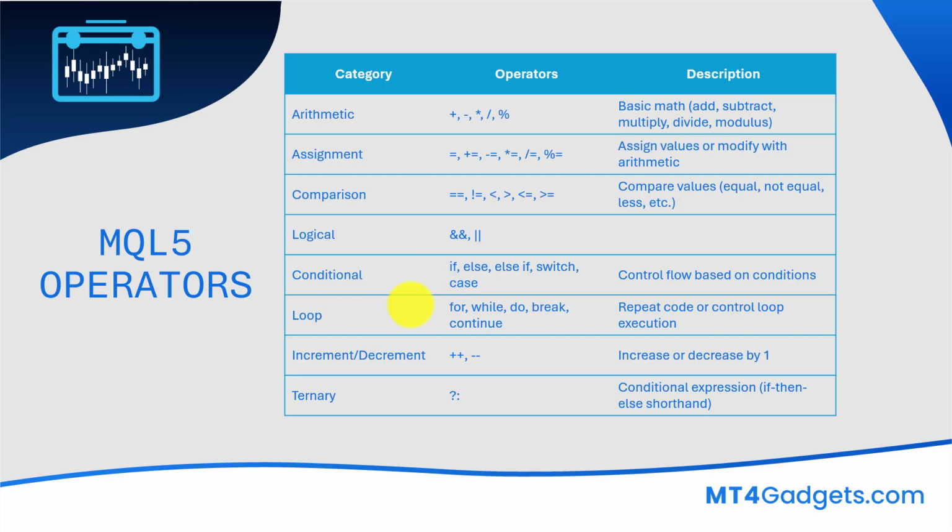Loop operators include words like for, while, do, break, and continue, and these operators are used to repeat portions of code a number of times. They create loops to repeat actions a number of times or until some conditions are met. Increment or decrement operators make it easier to add one unit or reduce by one unit the value of a variable, and they are plus plus or minus minus.